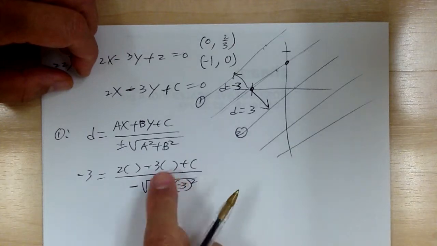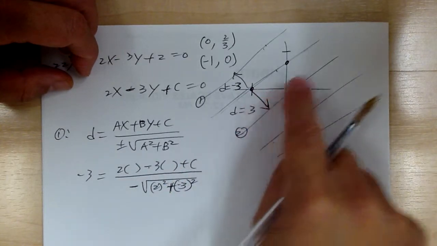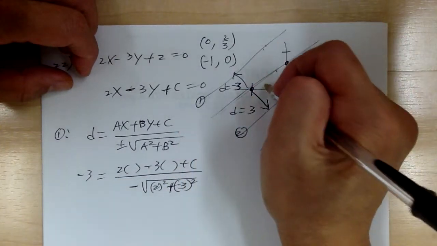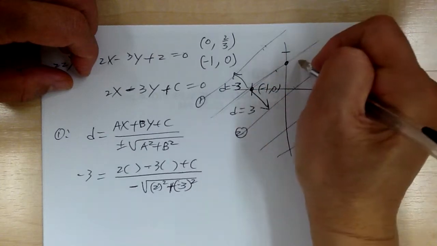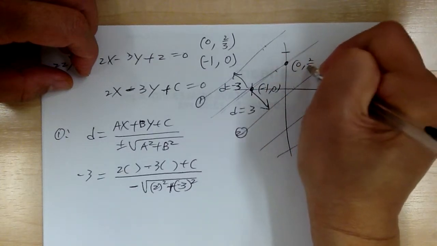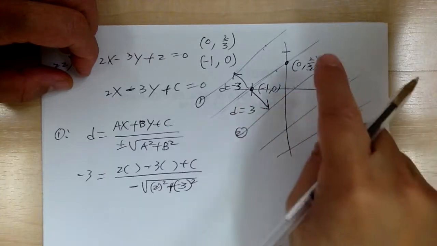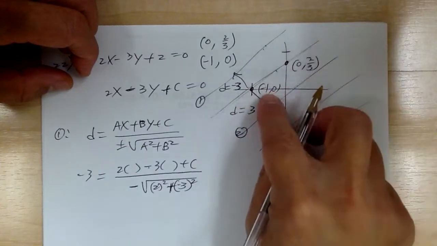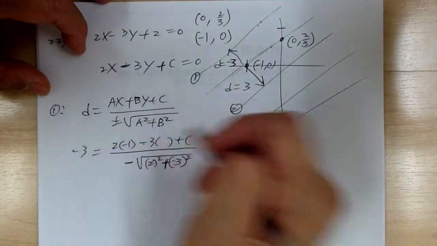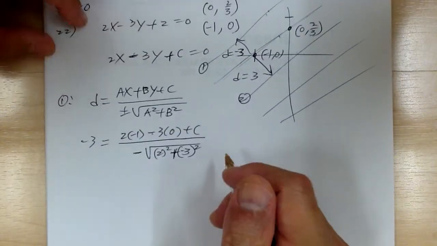The blanks would be the point. On this line, you can use either point, it does not matter. Take your pick. I don't like a fraction, so I'm going to use this point over here, negative 1, 0.